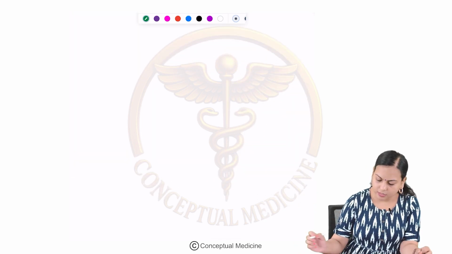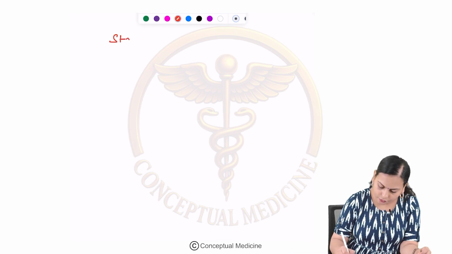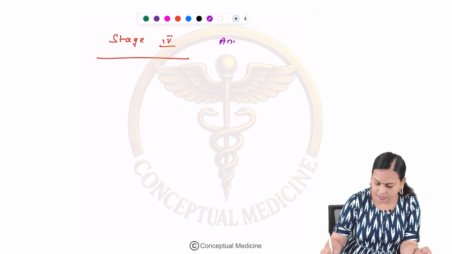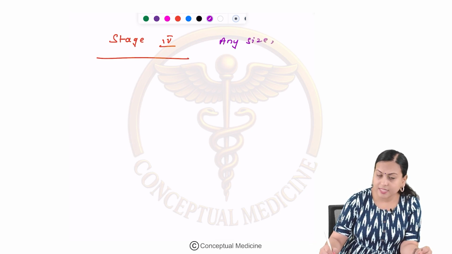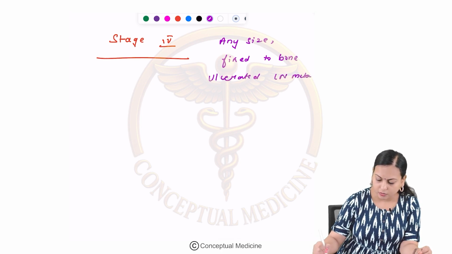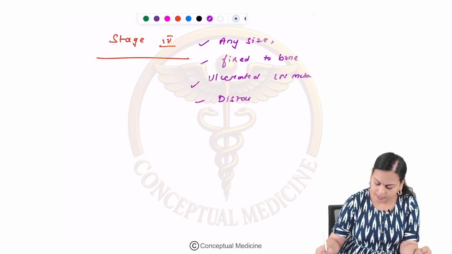Clear? Let's discuss stage 4. Stage 4 is where the tumor can be of any size. It can be fixed to the bone, or there can be ulcerated lymph node metastasis, or else there can be distant metastasis also.